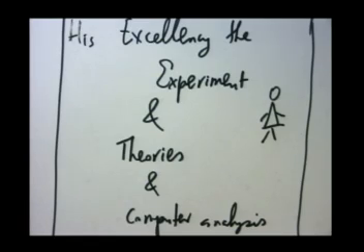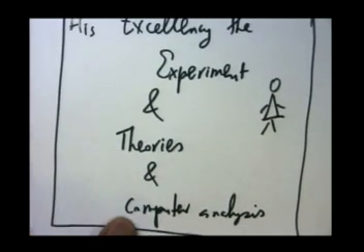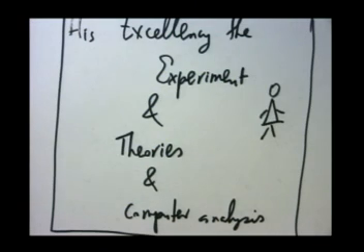So an engineer uses theories and computer analysis, together with His Excellency's experiment, which actually has the final say. You are on the right direction, or maybe you are making a big mistake, maybe it is not so, we have to change things, etc.